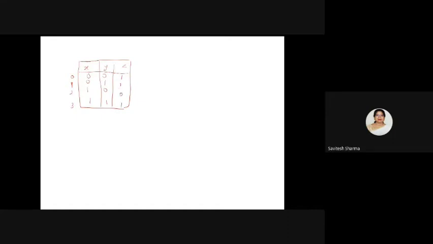Okay, so this is my truth table. These are my input variables, and this is my output variable. So you please draw the timing diagram. You draw the timing diagram again, so that you will have confidence that you understand the timing relation.